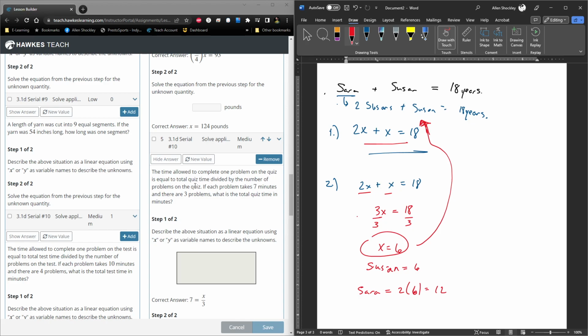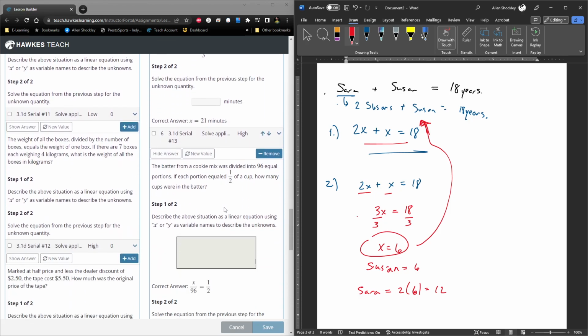Each problem takes 7 minutes, and there are 3 problems. What is the total time? I don't like that model of writing that. I would have just said 7 times 3 equals x, but here we are. So, it does a little bit of janky stuff every once in a while.